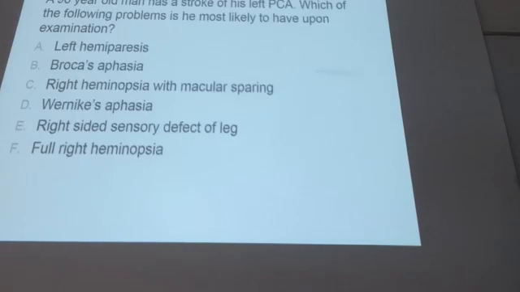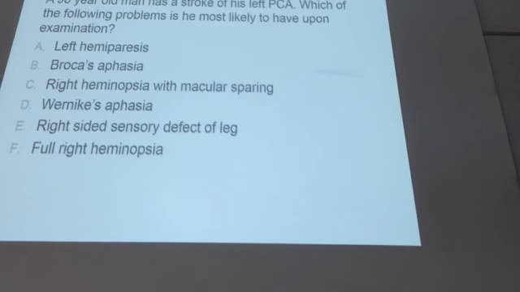The stuff on your right side goes to your left occipital lobe, while the stuff on your left side goes to the right occipital lobe. I should have written right homonymous hemianopsia.